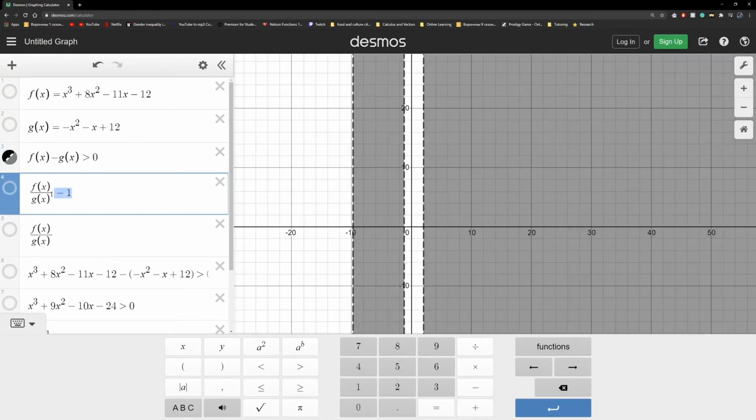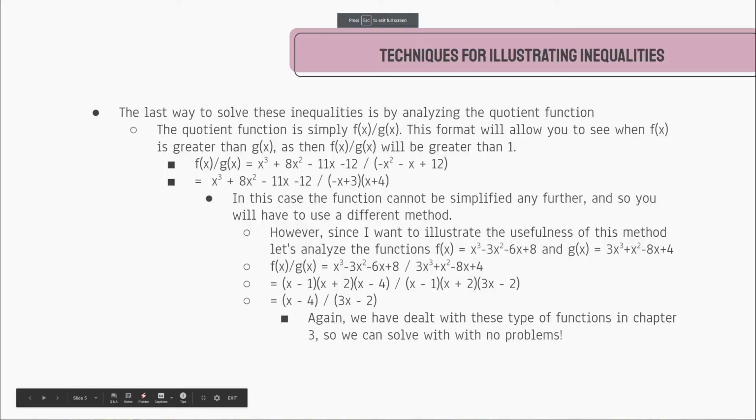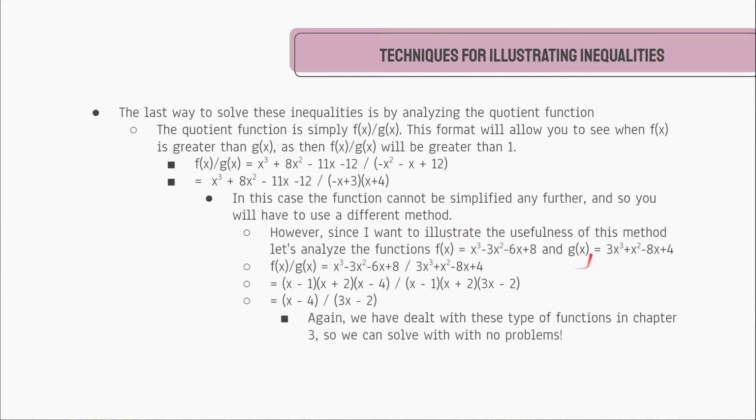The second method here is a lot more beneficial when we have a different type of function or different numbers for the same type of function. So let's take a look at that. For this example here, I've let us have a different f of x and a different g of x.